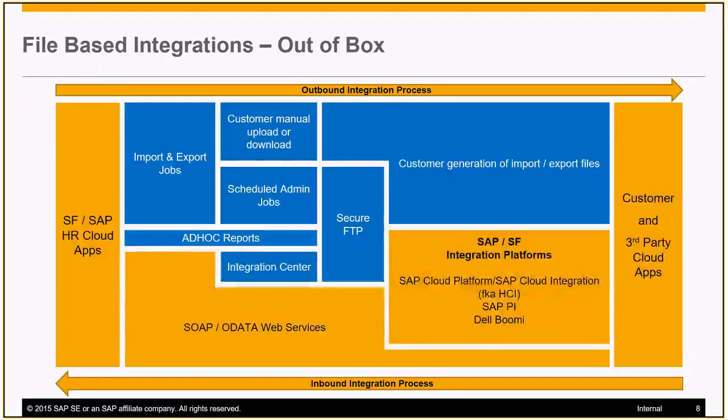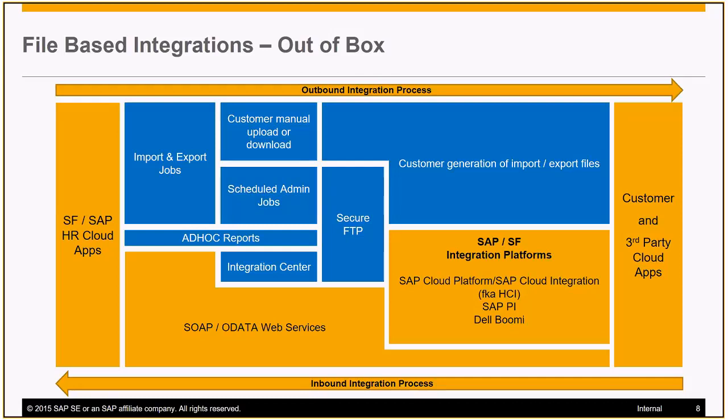Okay. The first one listed here is called SAP Cloud Platform / SAP Cloud Integration. It was formerly known as HCI, for HANA Cloud Integration. There's been a lot of rebranding, so you will very often see those terms used interchangeably, HCI and SAP Cloud Integration.